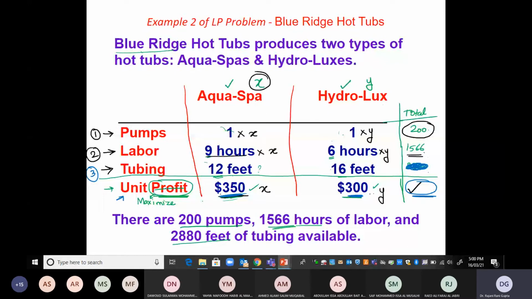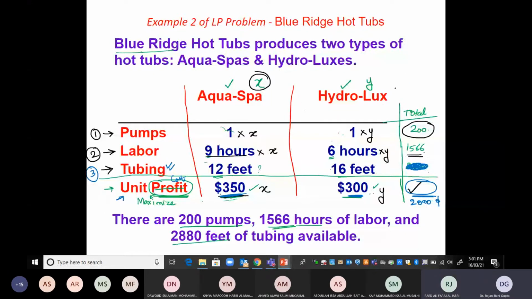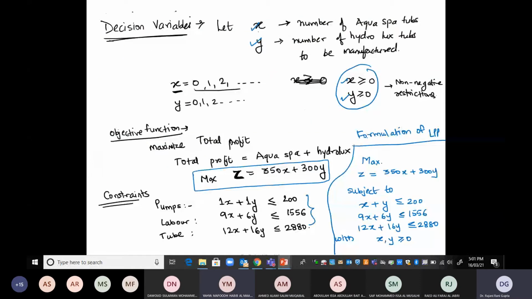If it is the unit cost and it is given as $2,000, then in this case you have to use tubing as the objective function because there is no total for that. I hope I didn't confuse you. Did you get what I'm trying to say? I'm confusing you. Yes.